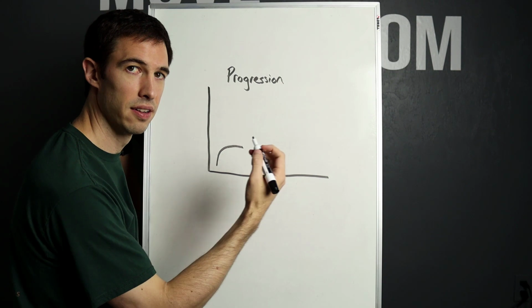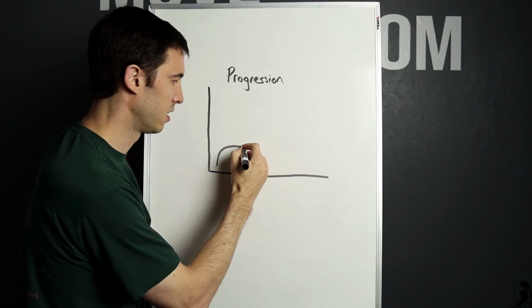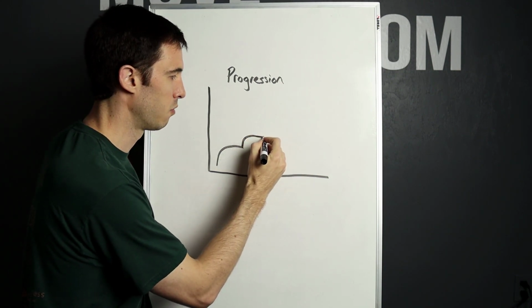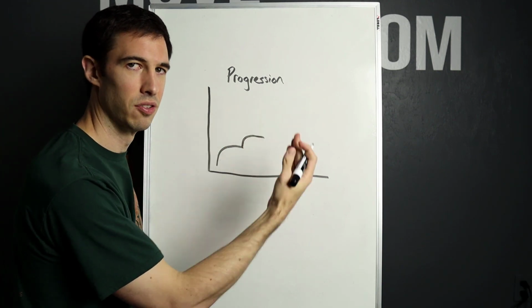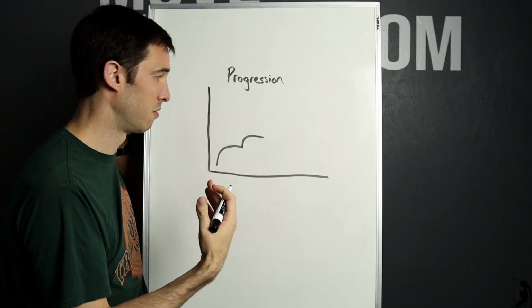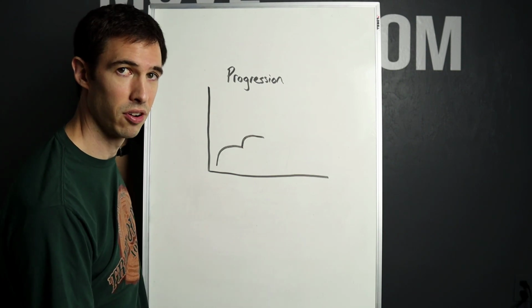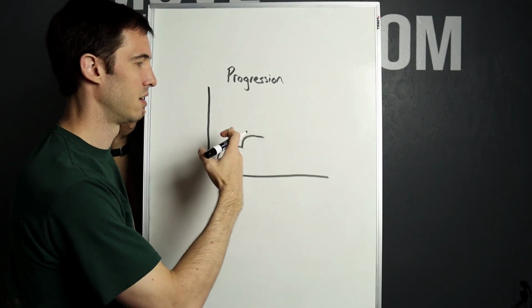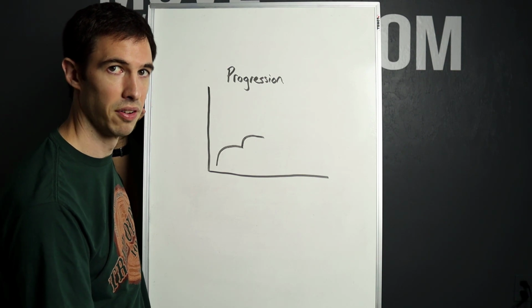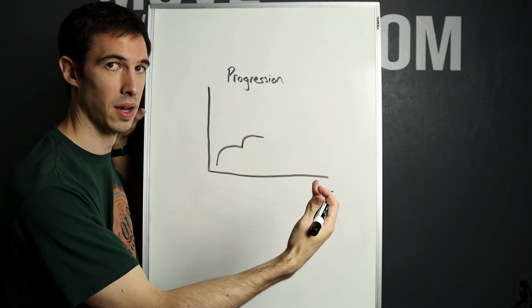Okay, if you add some sort of new progression, then you might get another bump in your performance. But then again, if you stay at the same level in terms of your training and your capacity, or what kind of effort you're putting in, then you're going to end up leveling off, and you'll need to progress it in some other way again.